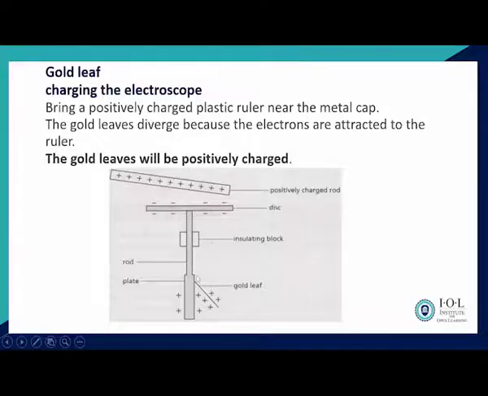What does this mean? We are going to observe that the gold leaf lifts up, showing that there is a repulsion, and showing also the charge on the rod that was brought closer to the disc. So we should study and understand how this gold leaf electroscope works.